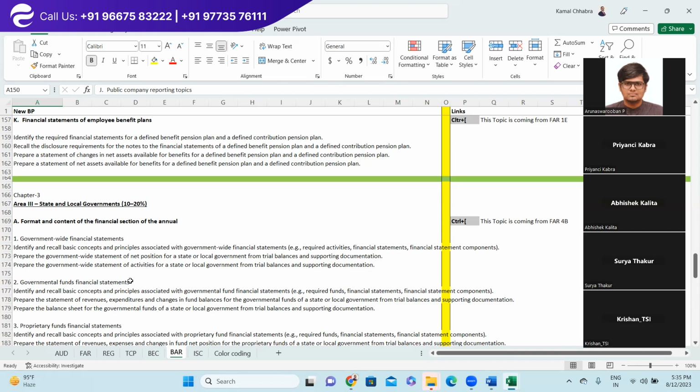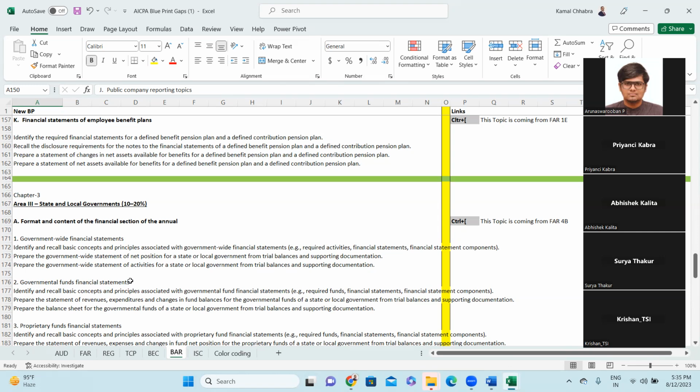In a defined contribution plan, the company has an obligation to pay its part of the contribution. You pay your part as an employee, the company also pays its part, and they submit it to the insurance company, financial institution or bank, and they manage and maintain the long-term benefit requirement for employees.